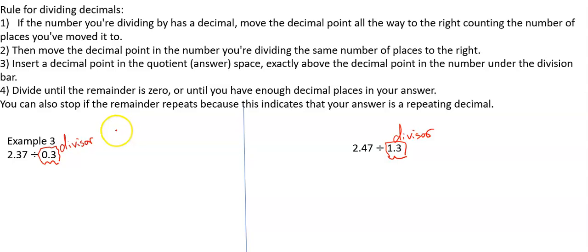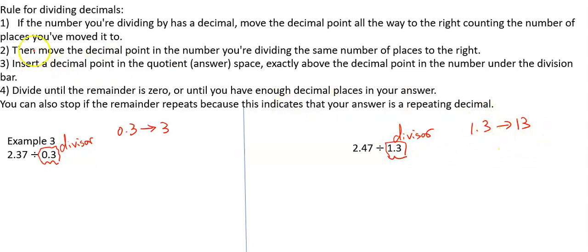For example, 0.3, if I want to turn that into a whole number, I just ignore the decimal point, which gives me 3. And 1.3, if I ignore the decimal point, gives me 13. So now it's like asking how many times 3 goes into something instead of how many times 0.3 goes into something. Again, it's much easier to answer the question how many times 3 goes into this number, or how many times 13 goes into a number.